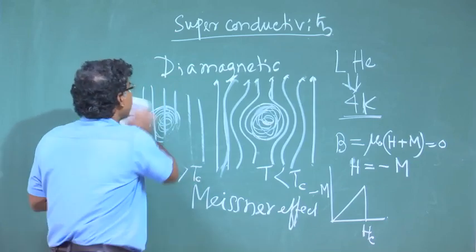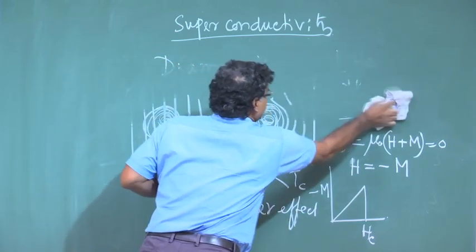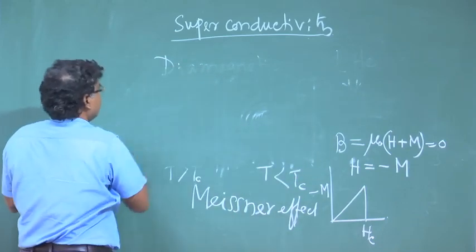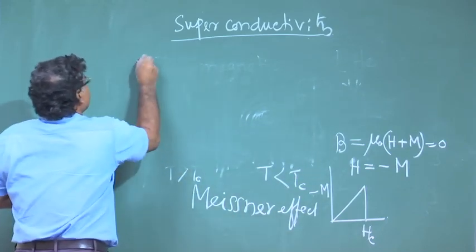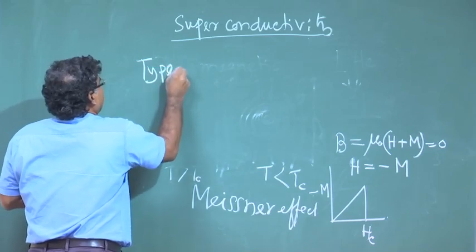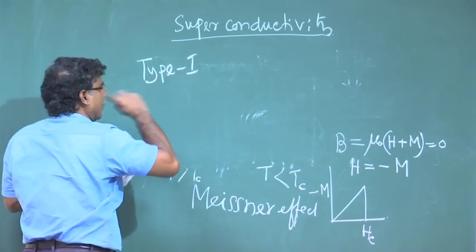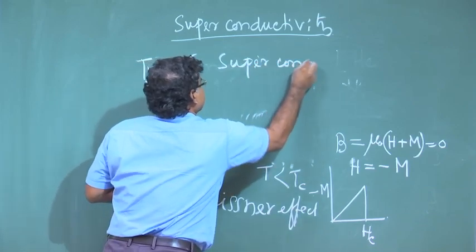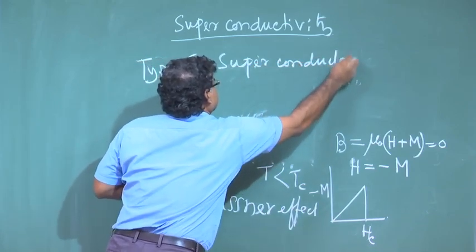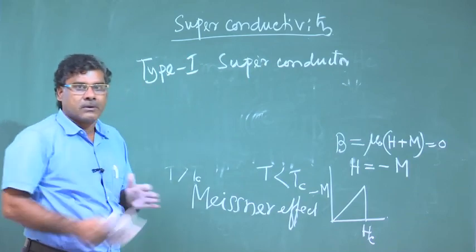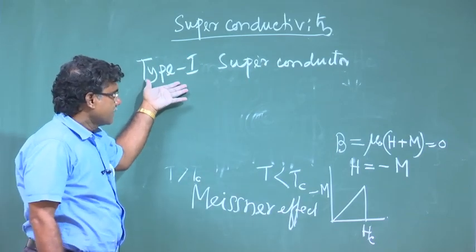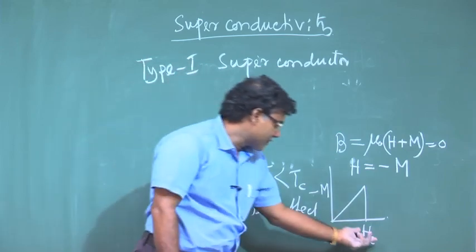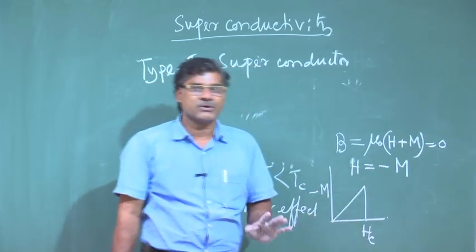One is called type 1 superconductor, which follows this. Its critical magnetic field is AC.